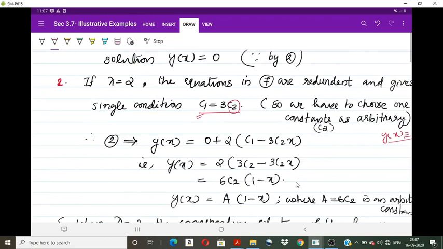Instead of C1 we can take 3C2, so 3C2 minus 3C2 x, or 6C2 into 1 minus x. Since C2 is arbitrary, we can take 6C2 as capital A, an arbitrary constant. So the solution will be of the form y of x equal to A into 1 minus x.